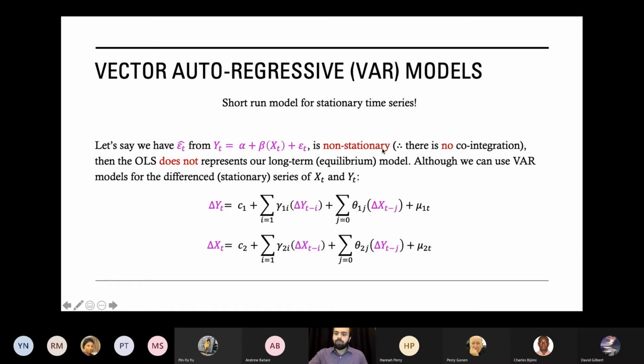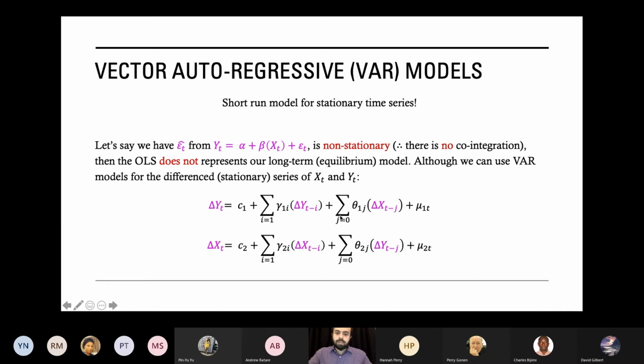So when we don't have cointegration, we can still go ahead with our analysis, but we cannot interpret the results as a long-term relation, because if we do, we would have a possibility of spurious regressions due to no cointegration. But we can still estimate a short-term model using vector autoregressive models.